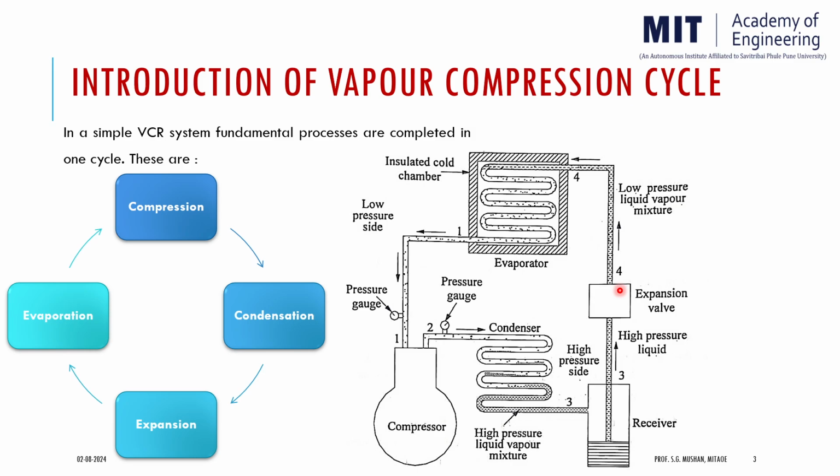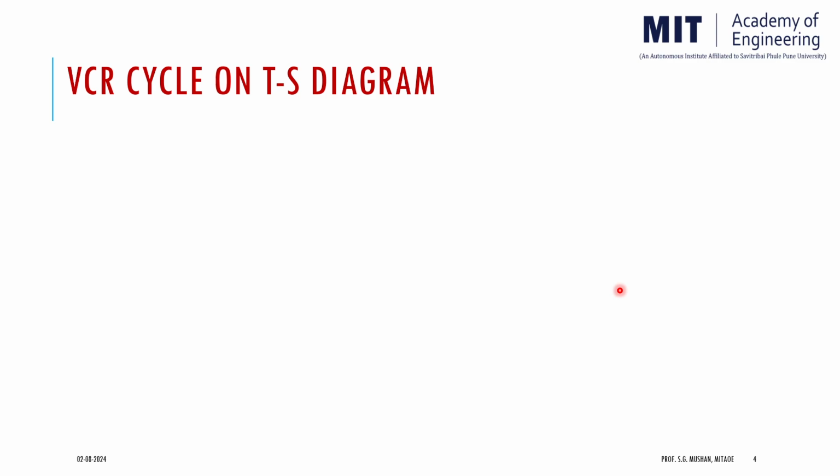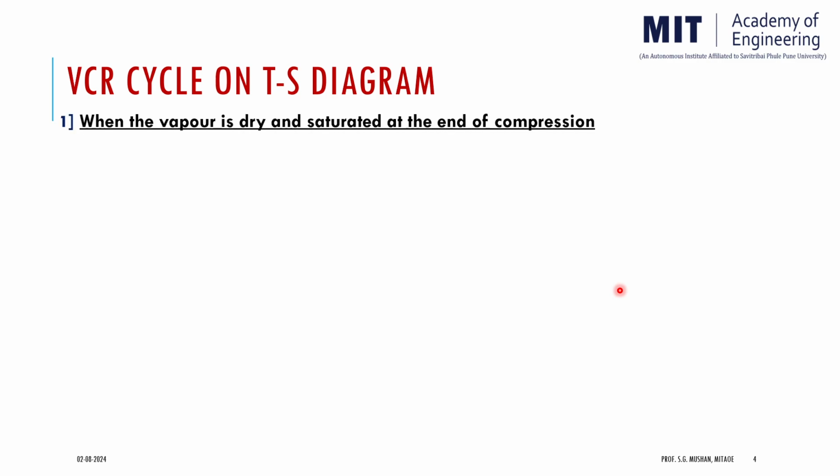process. Now we will take the first case, that is when the vapor is dry and saturated at the end of compression. So here the statement tells us that after compression, the state of refrigerant that we are getting is in dry saturated condition, that is dry vapor.